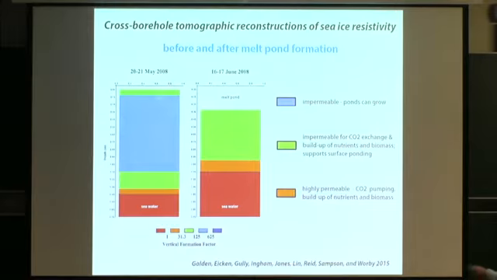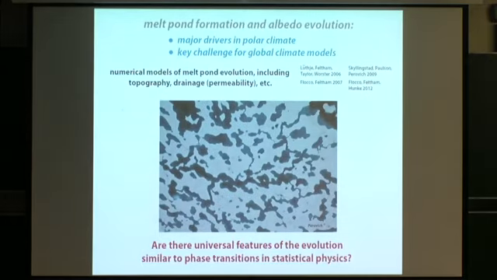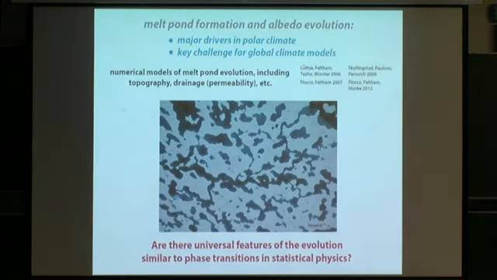So this is like before melt ponds, after melt ponds, and you can electrically classify the different layers: impermeable where ponds can grow, impermeable for CO2 exchange, but it's still permeable enough for surface ponding, and then highly permeable for CO2 pumping and buildup of nutrients. And anyway, there's a lot of interesting biology and physics that goes into inverting this electrical data for important physical and biological processes.